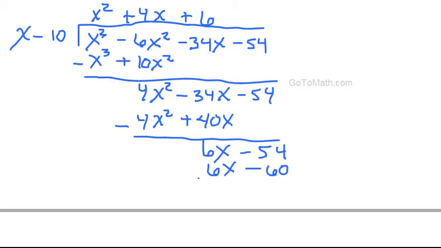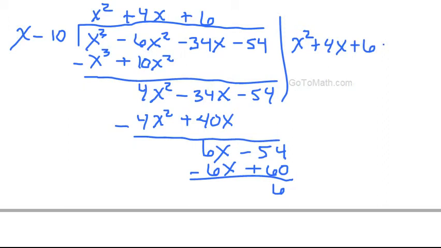Is that right? Minus makes that a plus, and that difference is going to be 6. So we have x squared plus 4x plus 6, and then plus 6 over x minus 10.